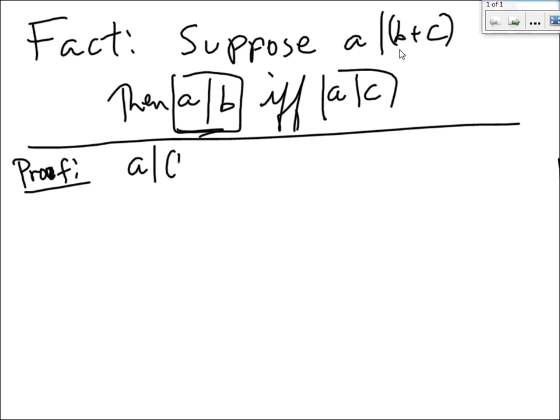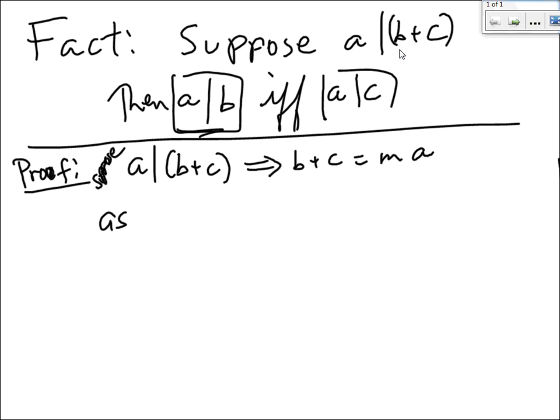A divides B plus C. Suppose A divides B plus C. That means that B plus C is a multiple of A, an integer multiple of A: B plus C equals M times A, where M is an integer.